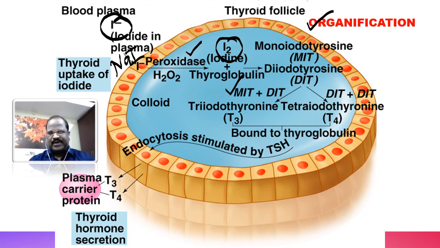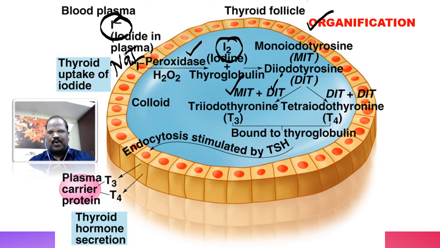Suppose the iodine joins on two positions in tyrosine, they form diiodotyrosine. So the next step is organification, thereby forming monoiodotyrosine and diiodotyrosine.